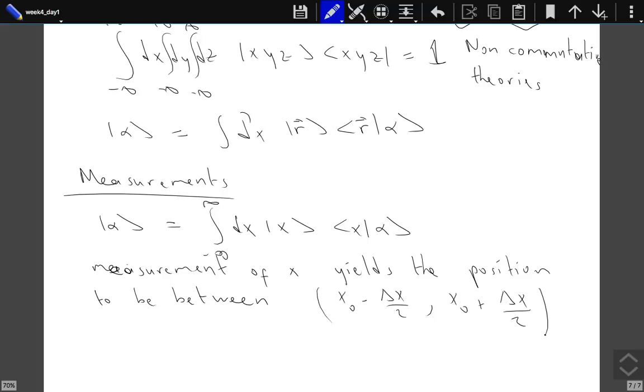One way you can make this measurement is, for example, if you are using a digital camera, besides other things, it measures the position of the photons. Each pixel in your digital camera says 0 or 1, whether there is a photon in it or not. But the pixel has a finite size.